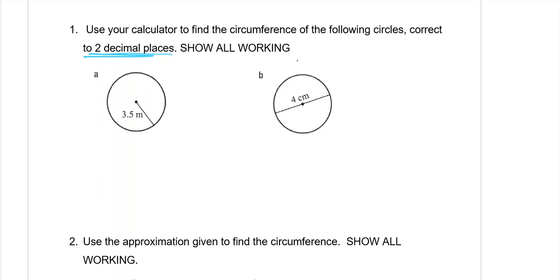In part A, the question goes from the center to the edge. That's a radius. So that means we need to use C equals 2 pi r, because r is for radius. Then we'll sub in that the radius is 3.5. 2 pi times 3.5.